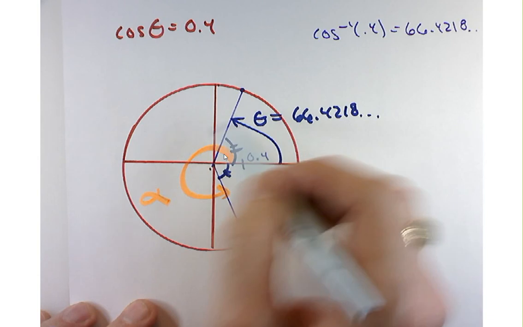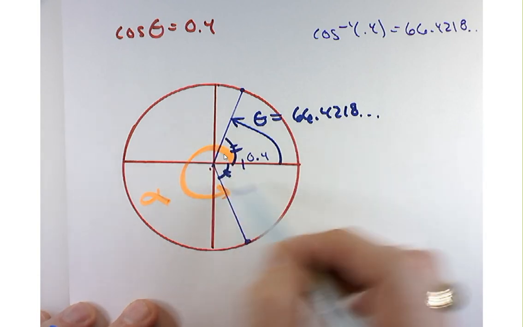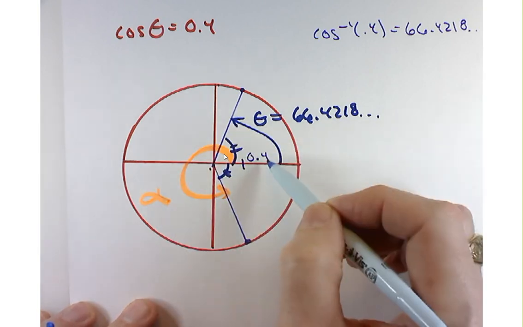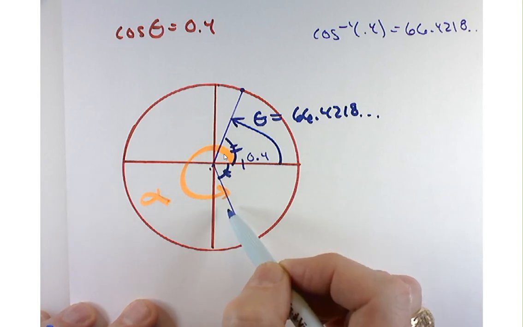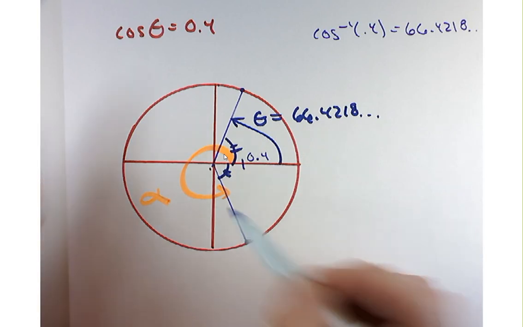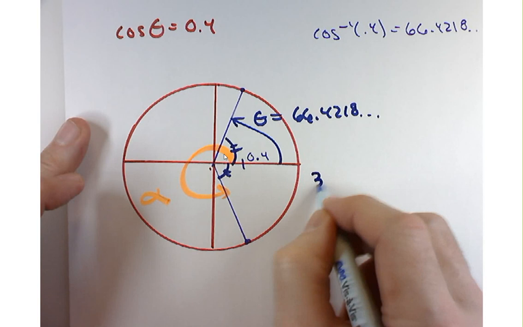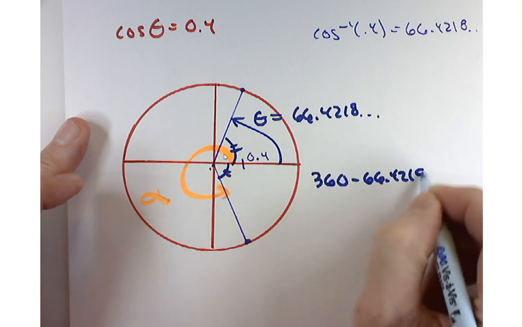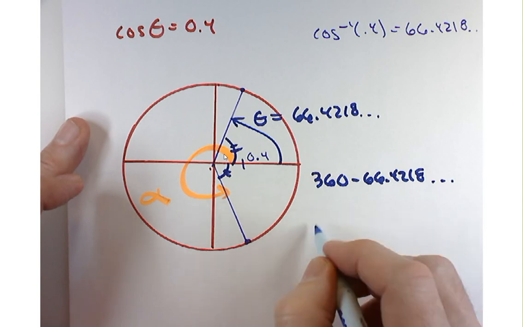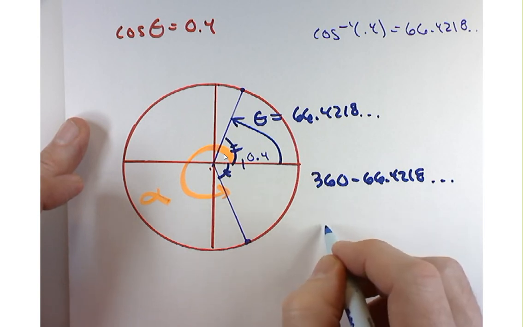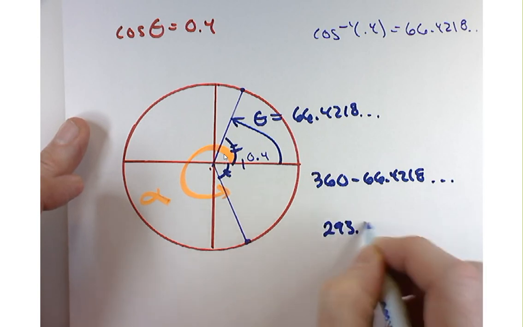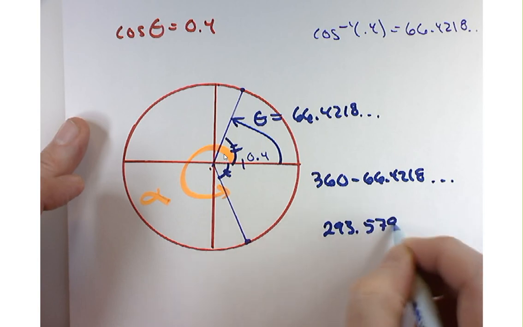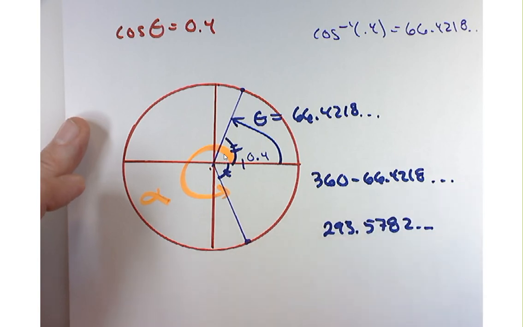So getting alpha is really going all the way around the unit circle and then backing up by 66.4218, etc. degrees. So you do 360 minus 66.4218, and that's going to be what, 293.5782, etc.